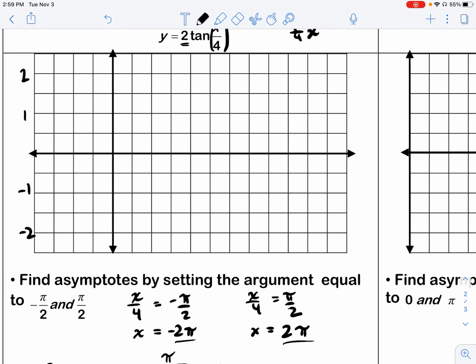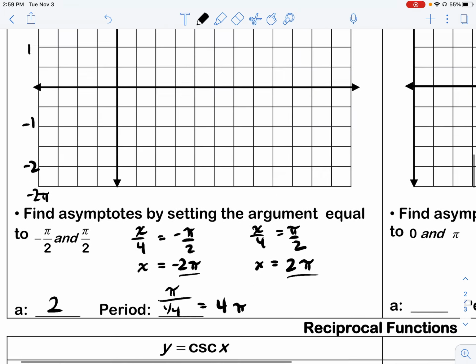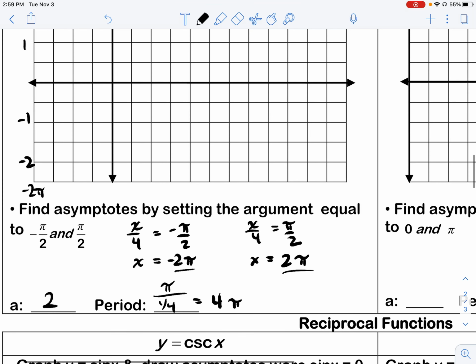I know I'm going to have my first vertical asymptote at negative 2 pi. And I know that my period, 4 pi in this case, divided by 4 is just pi. So I want to make sure that all of my critical points are pi radians apart. So that's going to help me label my x-axis as such.